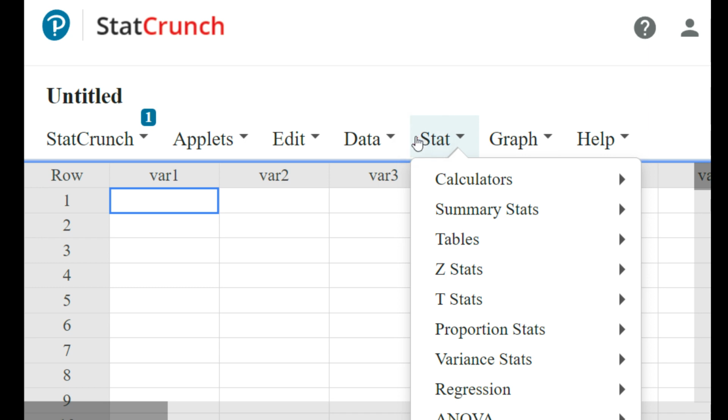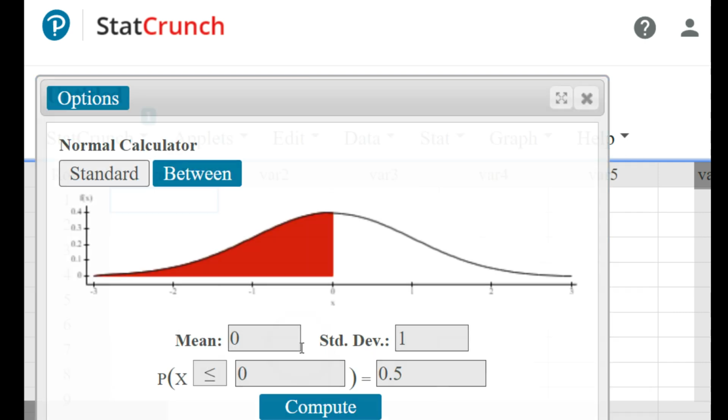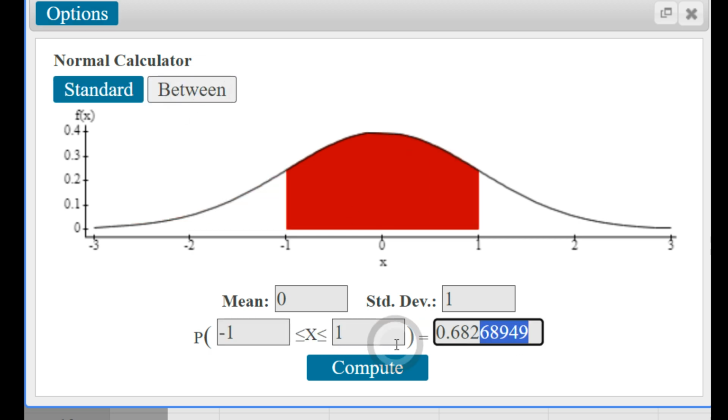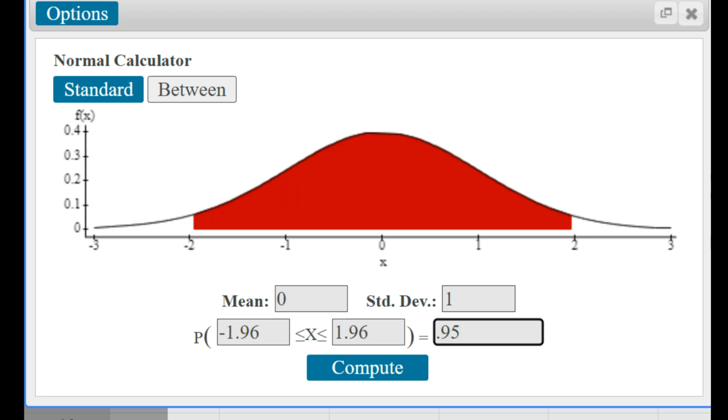And just like what we were doing last week, you can go to Stat, Calculators, Normal. Your normal calculator opens up, and switch it to Between, and tell it that you want 0.95 area in the in-between. And look at how it puts 95% of the area right in the center of this normal curve. And then we can see what that number is. That 1.96 is precisely that number right there, just like what we were describing.